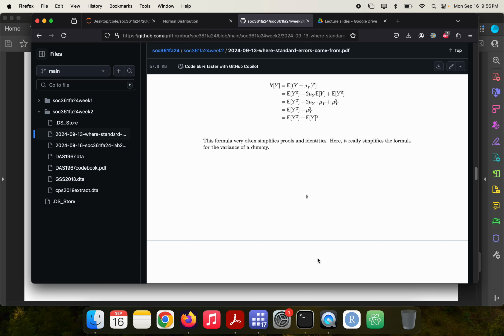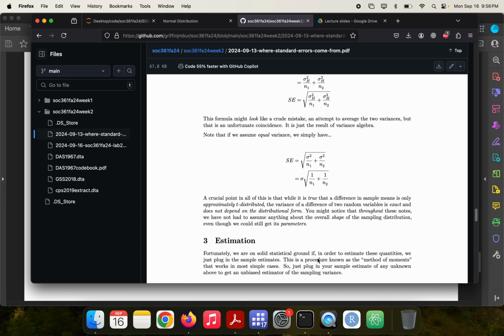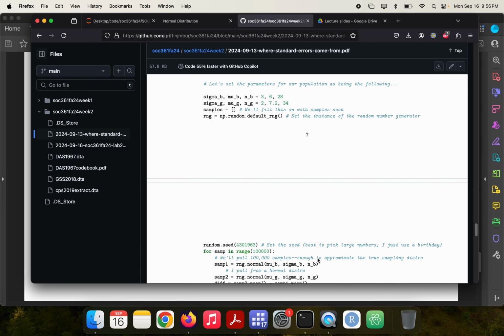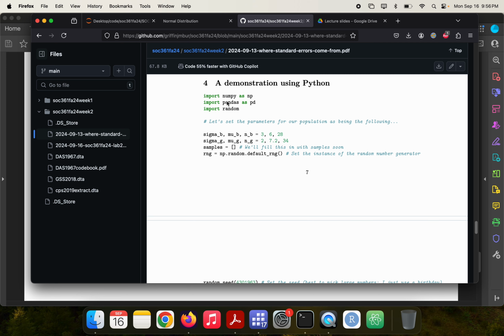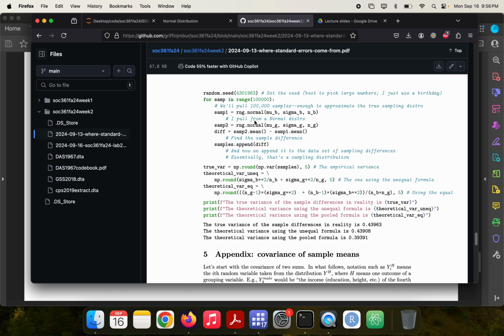You need to download this to see the full thing or just click more pages. But what I wanted to point out was that I did a simulation using Python. You can see the notation's a little different, but it looks a lot like Stata. It turns out that the unequal variance formula actually performs best out of the unequal formula and the pooled formula.